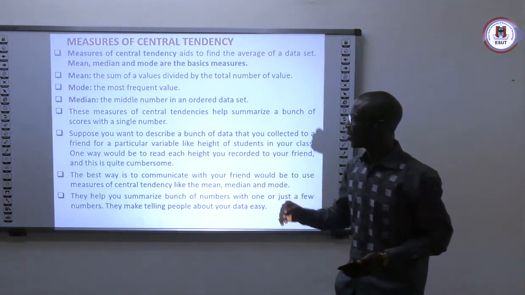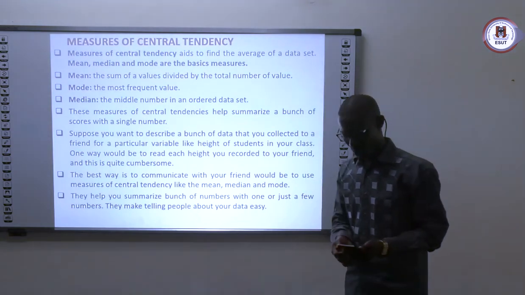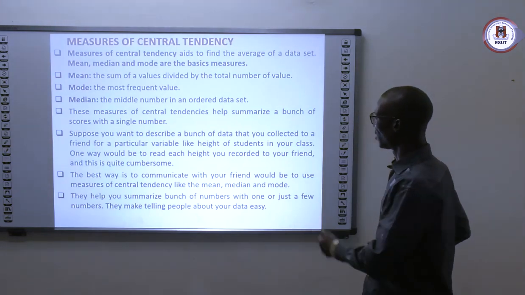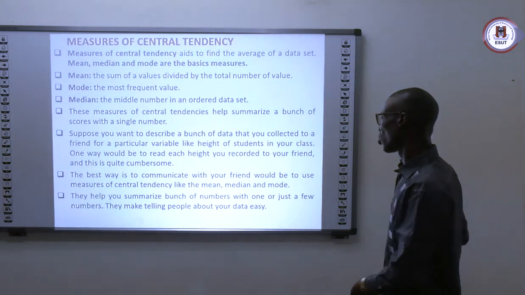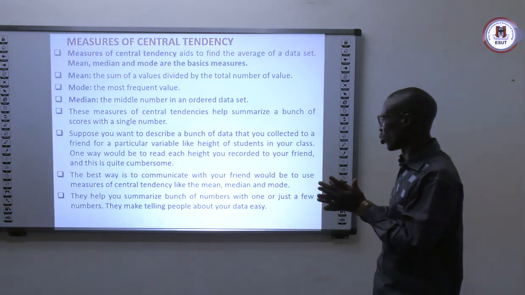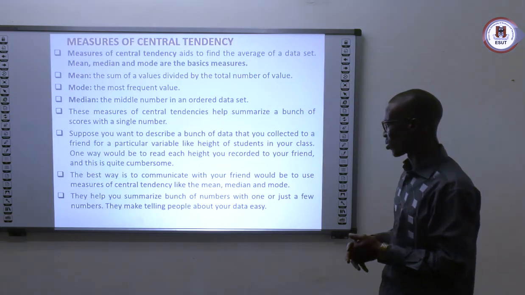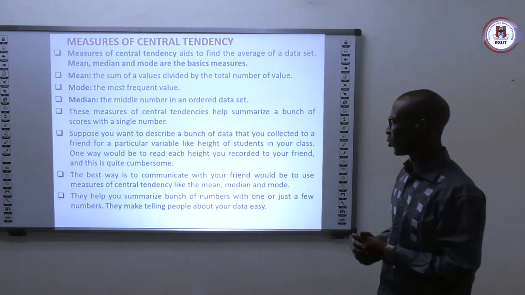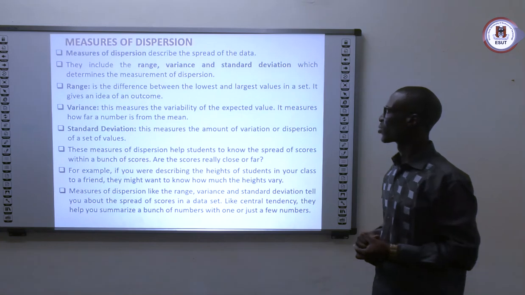So with the mean, the median, or the mode, it is simple for one to easily check the average height of those students. So the best way is to communicate all these values through these simple central tendencies, as we said. They help in summarizing a bunch of data with one or just a few numbers. So they make this easy for us to do.